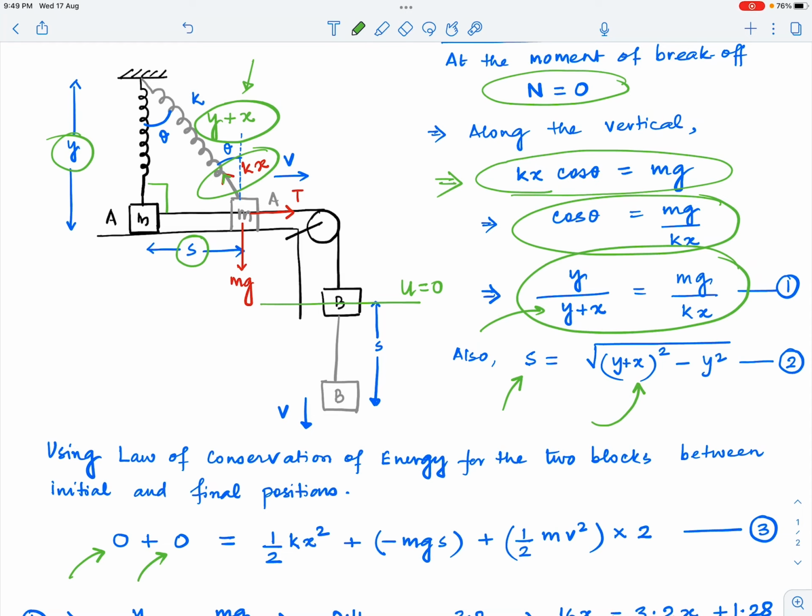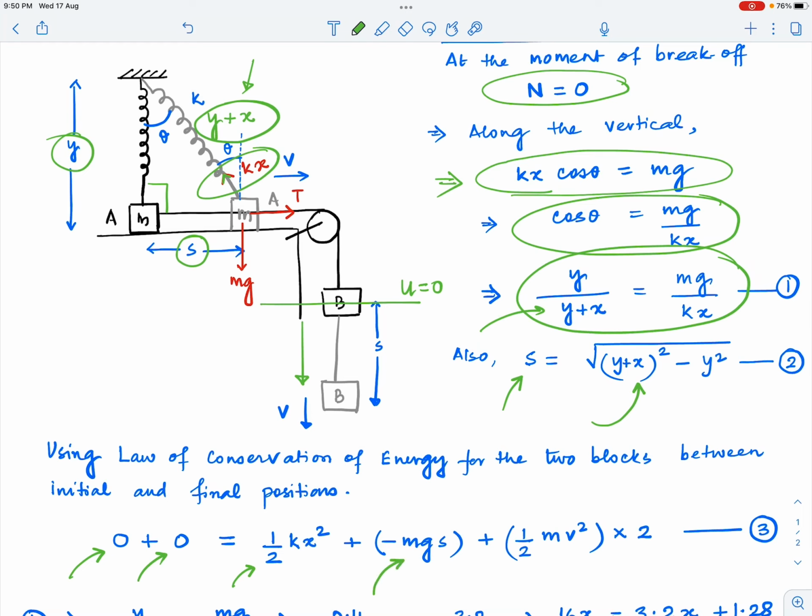Finally, if you see, the spring has got stretched by an amount x. So, there is a spring potential energy with the system. The block A remains along the same horizontal level, but the block B has gone down by a distance s. So, it has lost gravitational potential energy by an amount mgs.